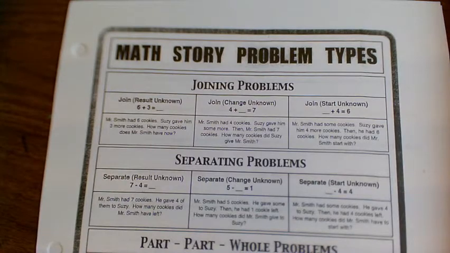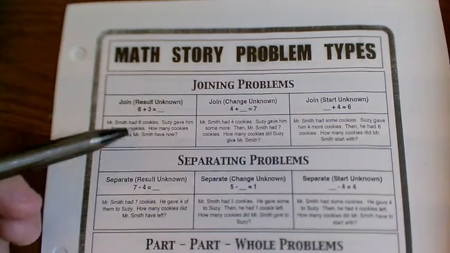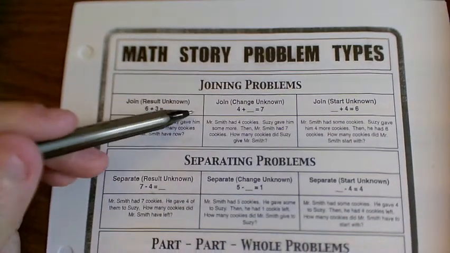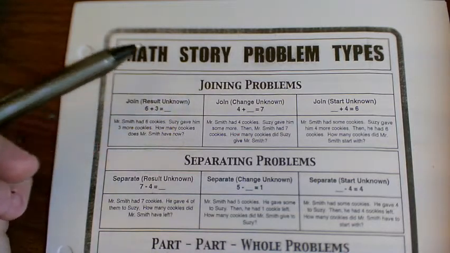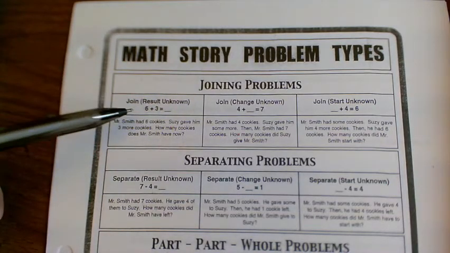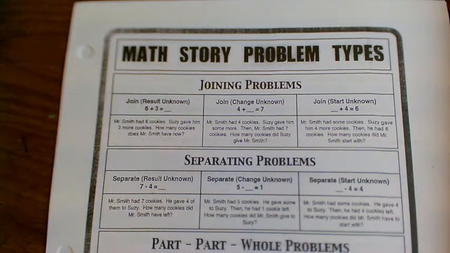Okay, so if you take a look on page 41, there is a chart explaining these math story problem types. So there are 4 different kinds. So we want to start with join problems. Join problems are where you have one quantity, and then you have a second quantity, and you are putting them together.